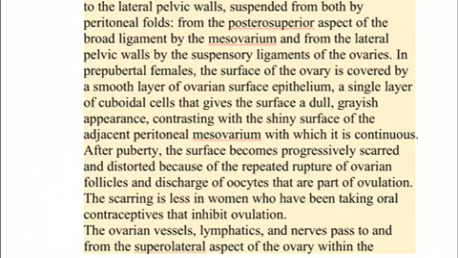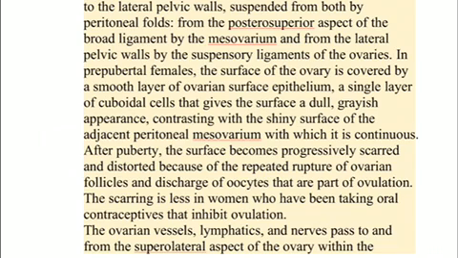What do you have in prepubertal females? In such individuals, the surface of the ovary is covered by a smooth layer of ovarian surface epithelium, which is a single layer of cuboidal cells that give the ovarian surface a dull grayish appearance, which contrasts with the shiny surface of the adjacent peritoneal meso-ovarium, which is continuous with it.